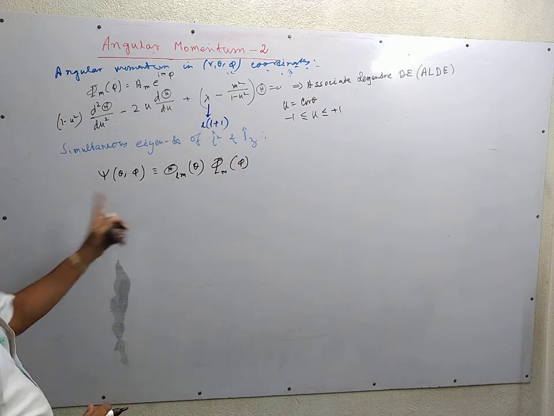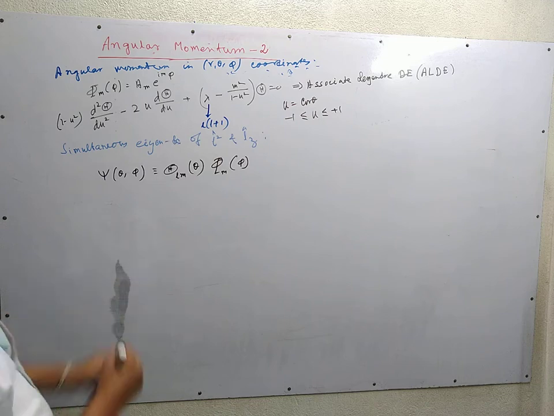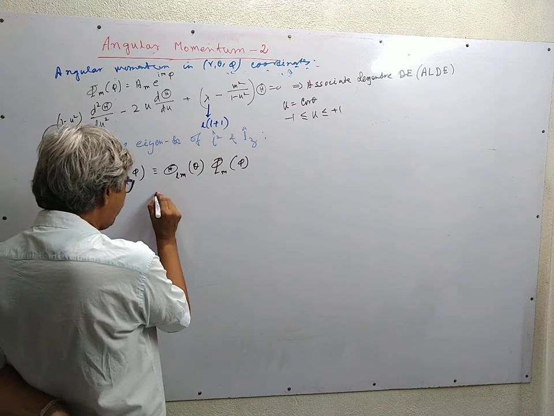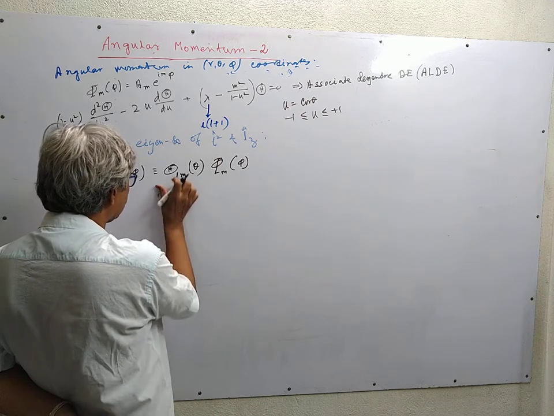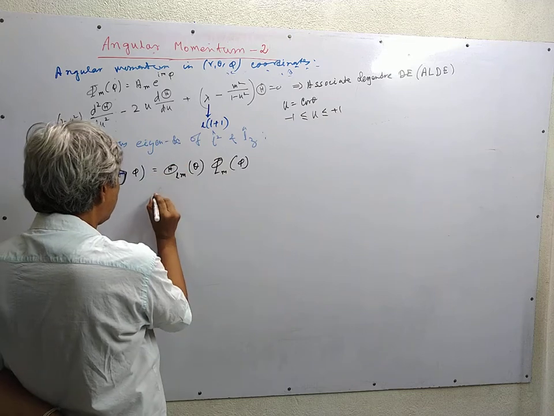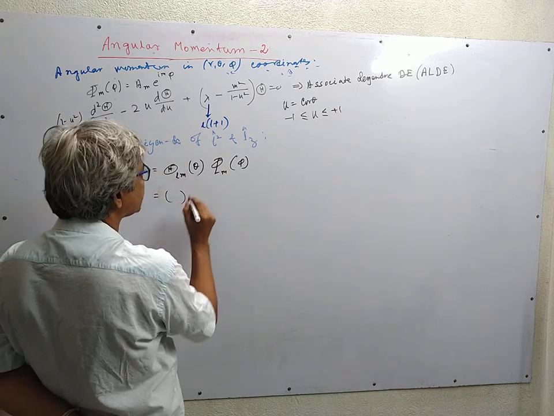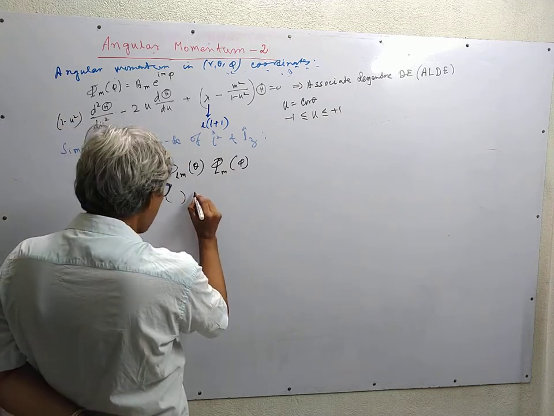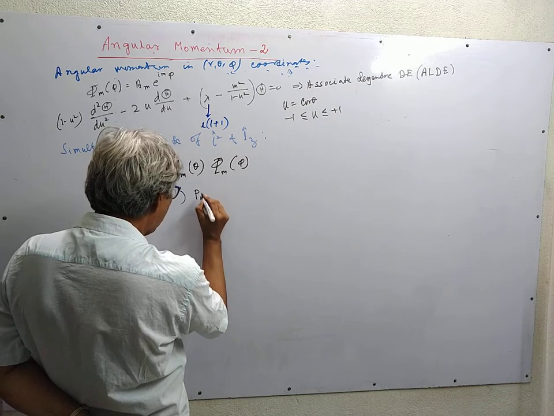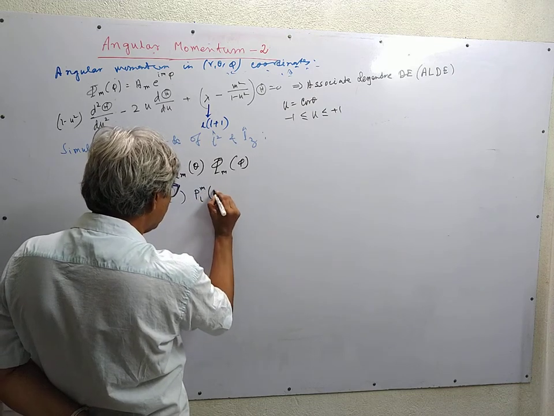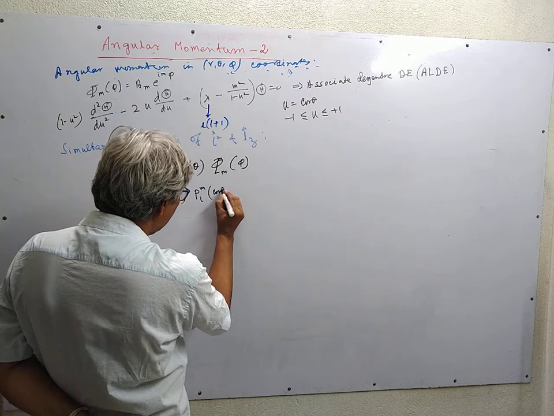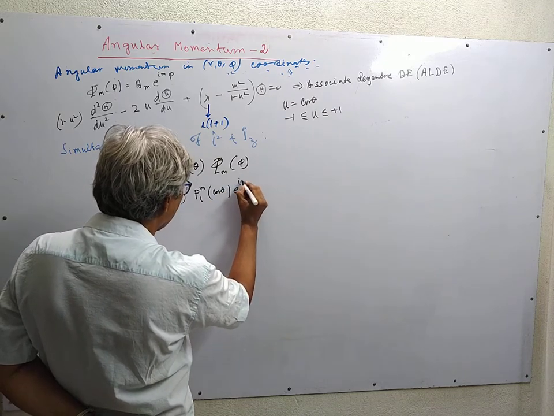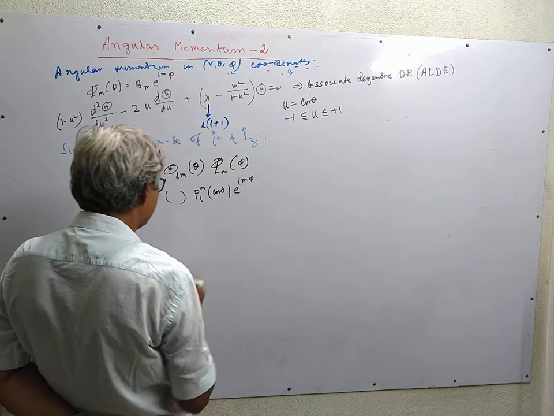This is the simultaneous eigenfunction. If we write it explicitly, apart from some normalization constant, it is P_L^m of u, that is cos theta, times e to the power i m phi.